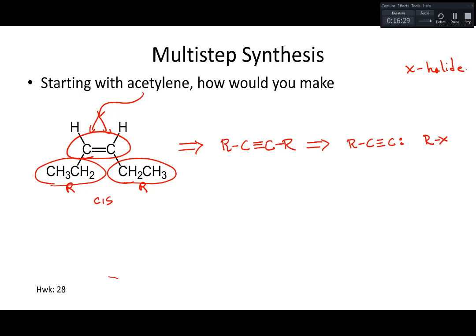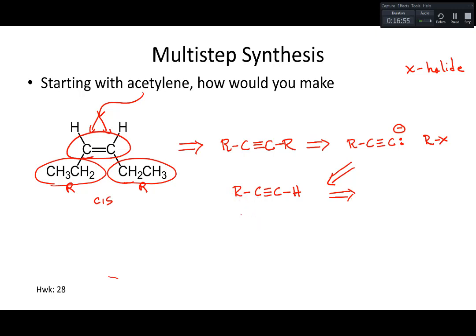Anyway, so now what do I have? I have this. Well, to make this, you're probably going to have to, again, start with an acetylene like this. That's where that came from. And then how did I do that?